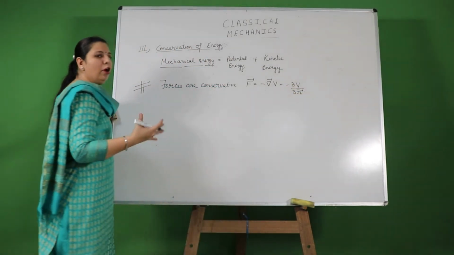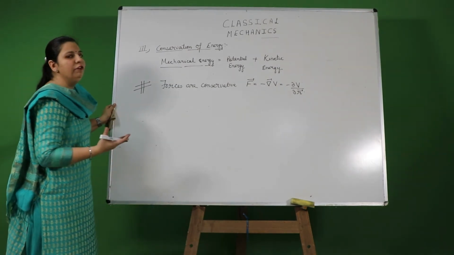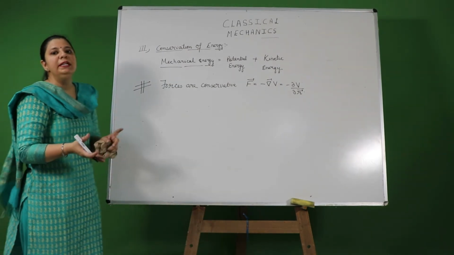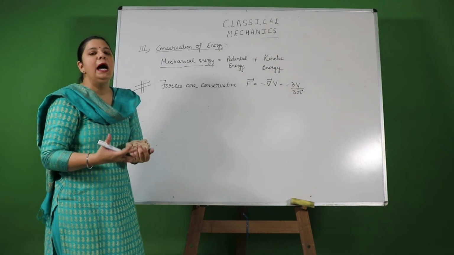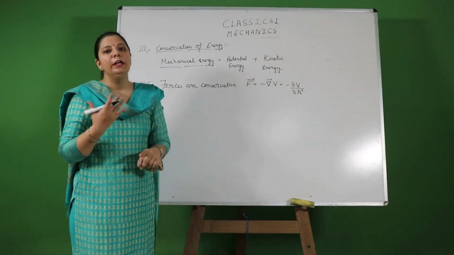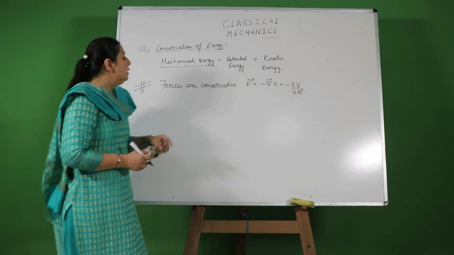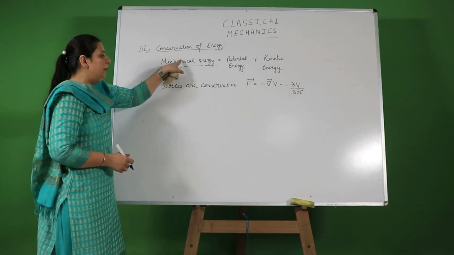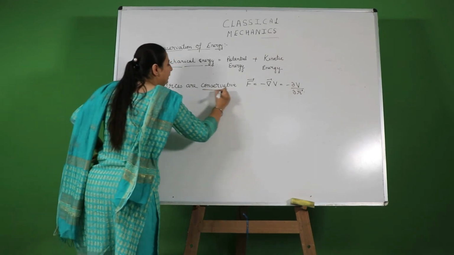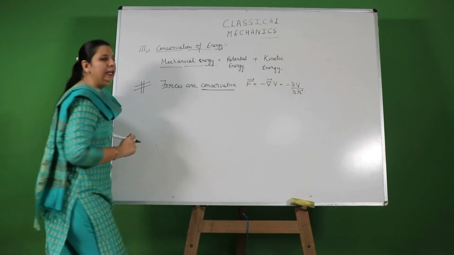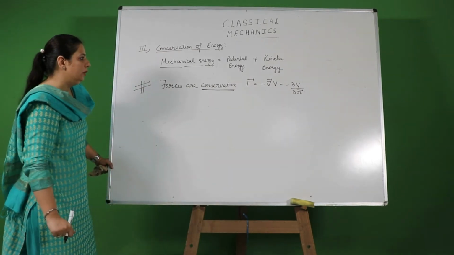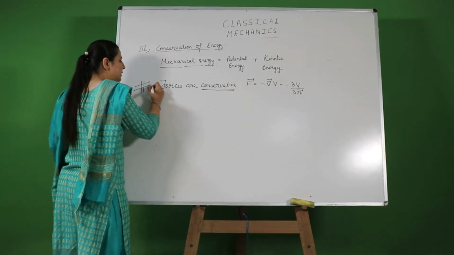If forces are non-conservative, then energy will not be conserved, because some energy will always be dissipated either in the form of sound or in the form of heat. So whenever we want energy to be conserved, our first requirement is that the forces we are dealing with should be conservative in nature. So first is this thing.